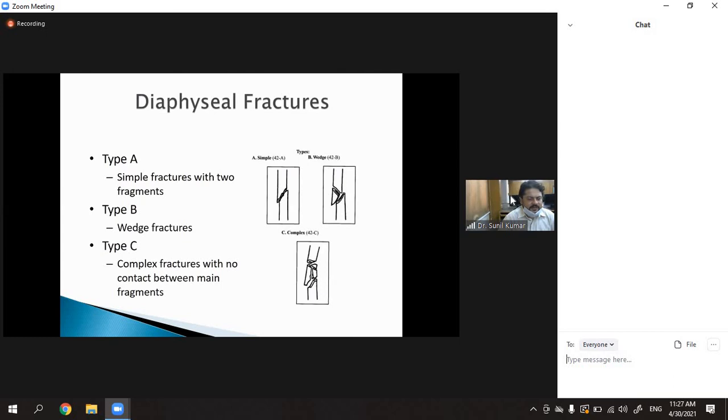In the lower limb, it should be more than 18 months to remove the implant, and in the upper limb, after 1 year the implant can be removed. This is clear for the AO classification and the other question, the removal of implants and screws.